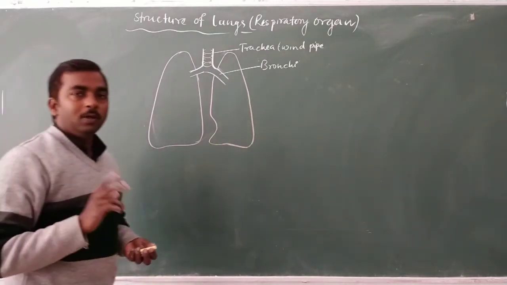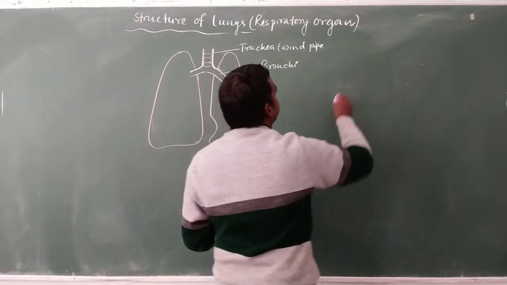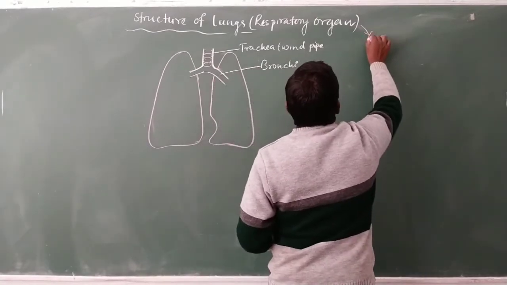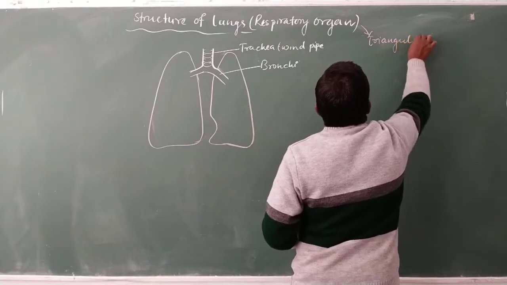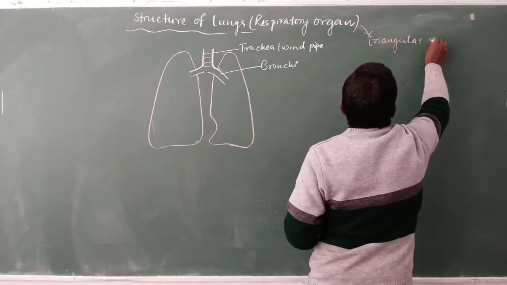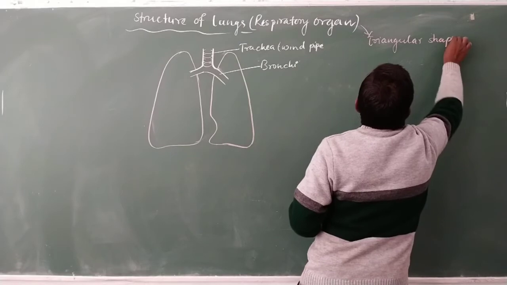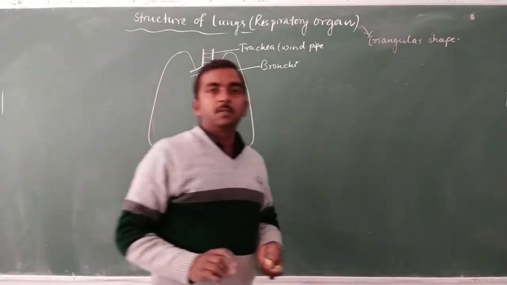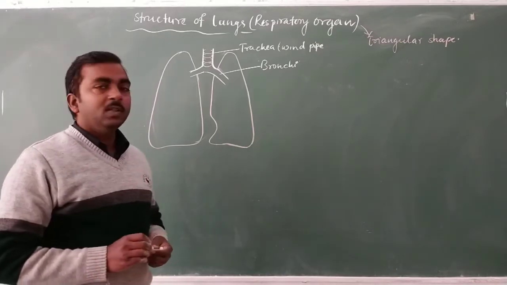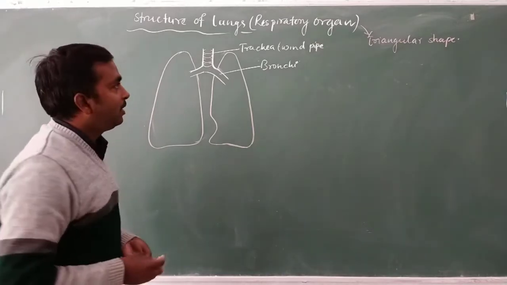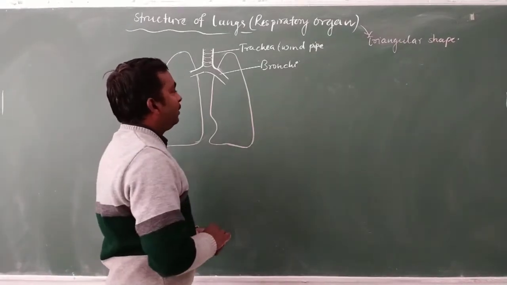So these are the two lungs, and each lung is triangular in shape, found in our thoracic cavity.